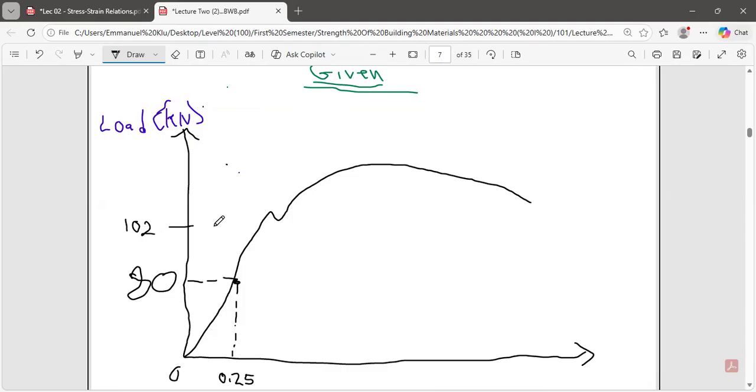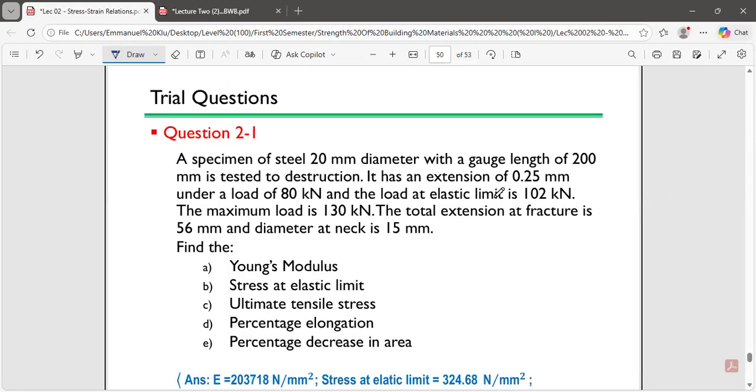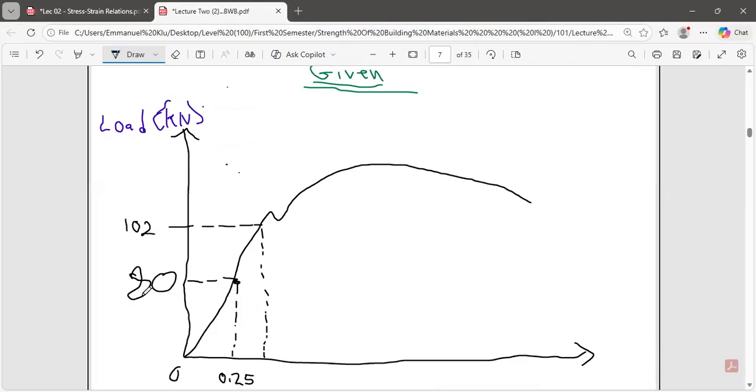The load at elastic limit, you realize that it doesn't have any extension. Let's go back to our question. The load at elastic limit is 102 kilonewton. The reason why I wrote the 80 down is that the 102 is surely going to be bigger than the 80. So the smaller one will always come down, and the bigger one will go up as we are going up.